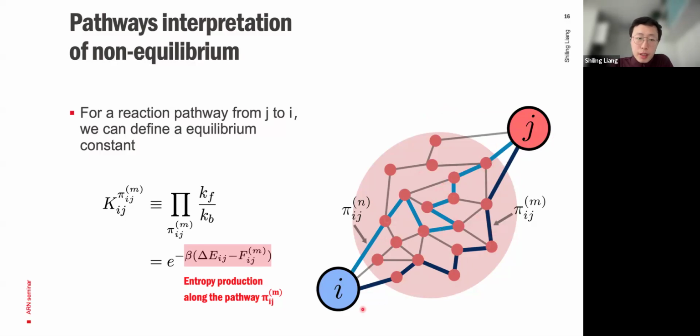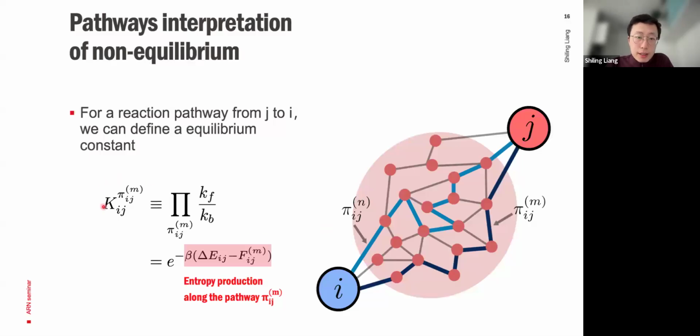On a given pathway, we can evaluate the equilibrium constant, which is defined as the product of the forward to backward ratio on all the edges along the pathway.